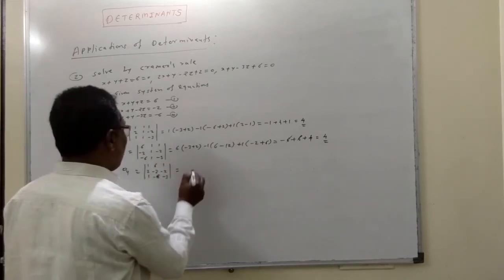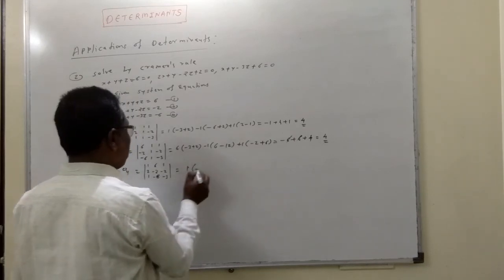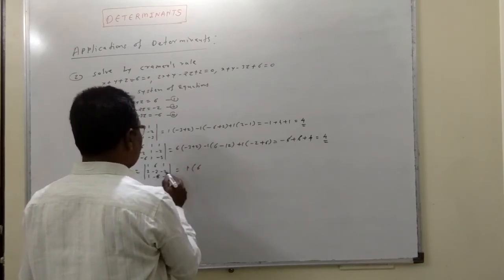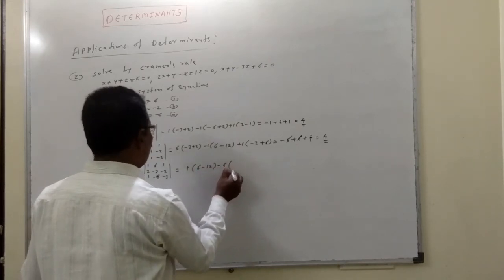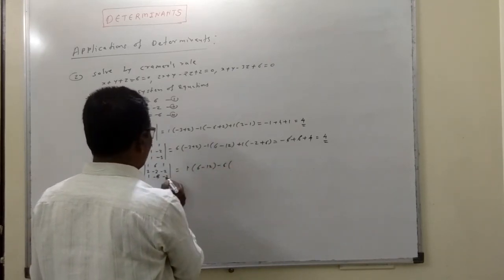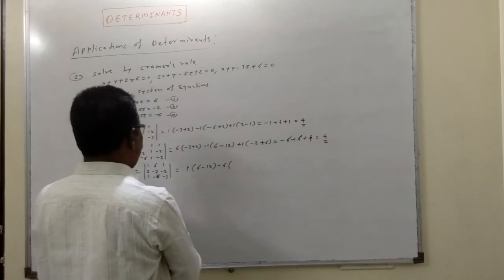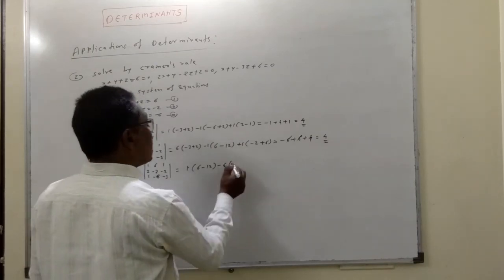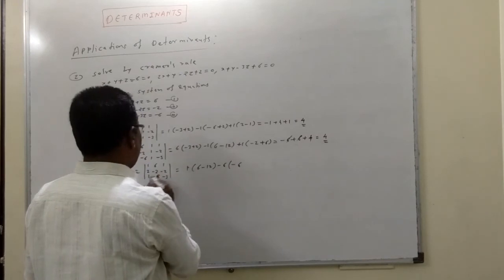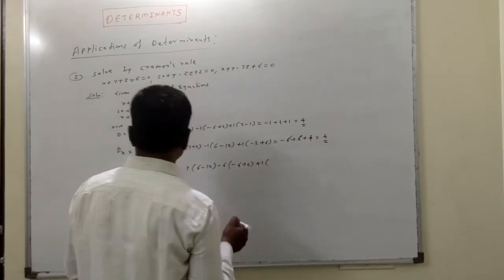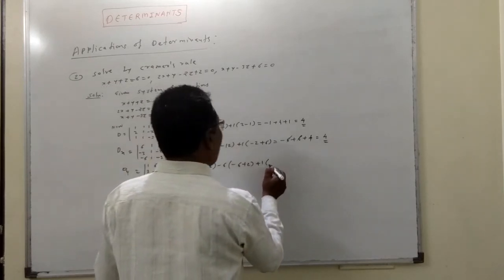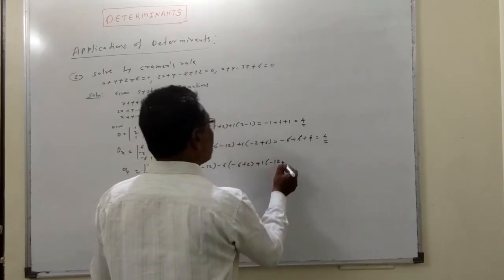So that is equal to 1 into minus minus plus 6, minus minus plus again formula minus, so 12 minus 6 into 2 into minus 3, minus 6 and minus minus plus 2 plus 1 into minus 12 minus minus plus 2.